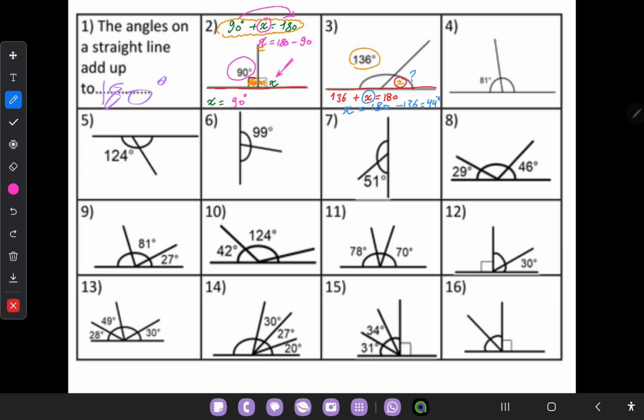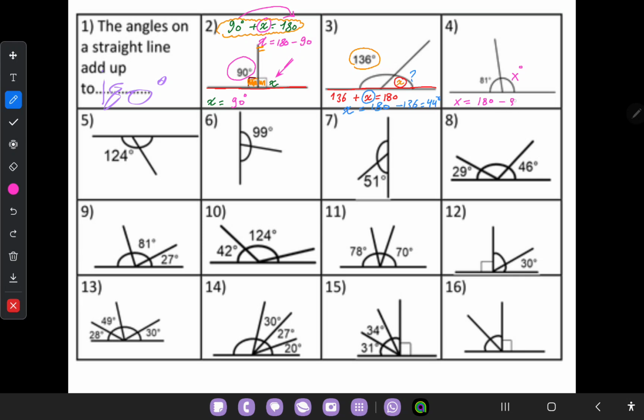Tell me what we will do here in this problem. So, where's angle x? This is angle x.